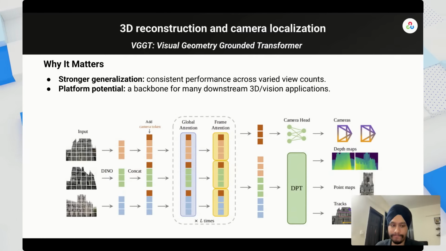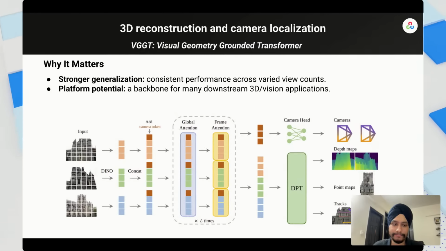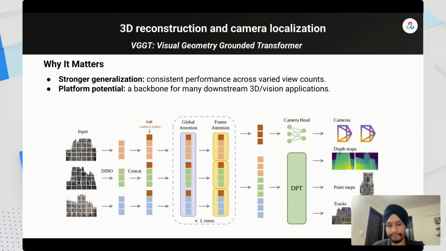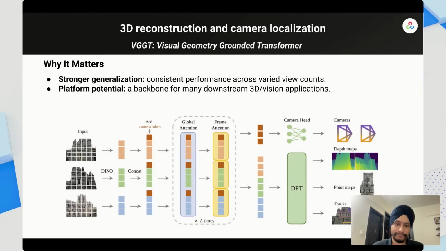You can calculate the depth map from the point cloud. Yet they found that it is actually a good idea. It makes the solution more robust, because there is redundancy in the output, and they found that it produces better results when you output all of these different things, and not just the minimal set.